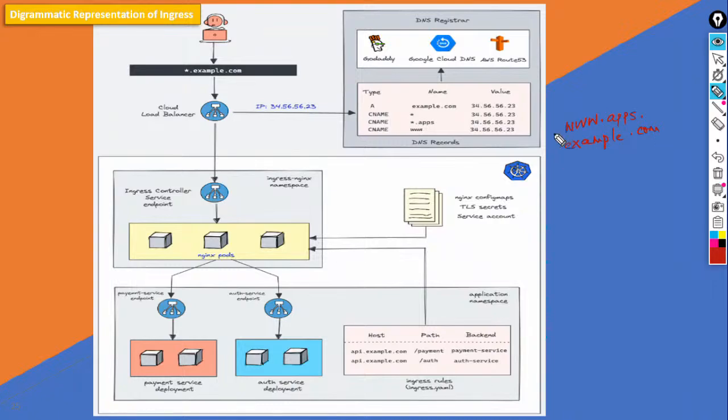Whenever you are saying apps.example.com, because this is a DNS record, you are actually going to hit a particular load balancer.